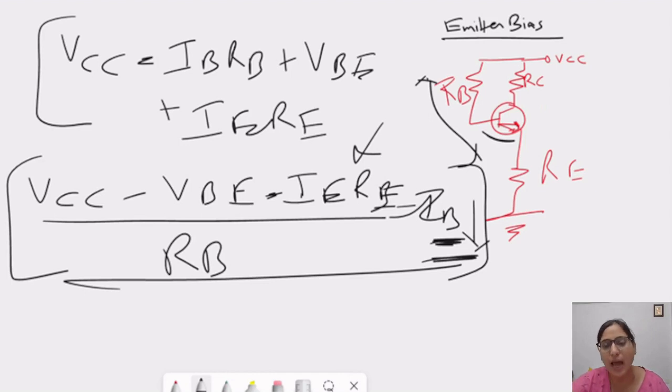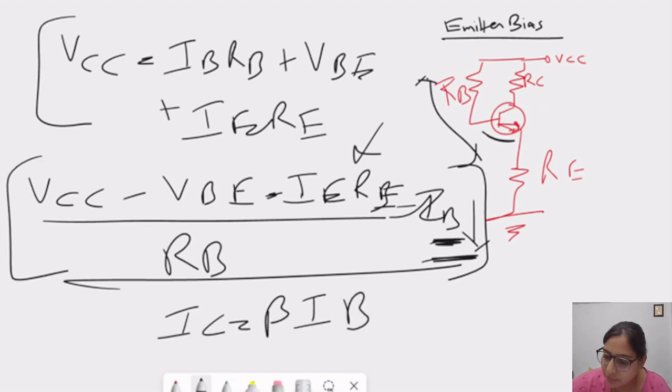So the IC will also reduce. IC is nothing but beta IB. It means if IB is reducing, the IC will also reduce. In this manner, this emitter bias section is controlling the temperature dependency of the collector current.